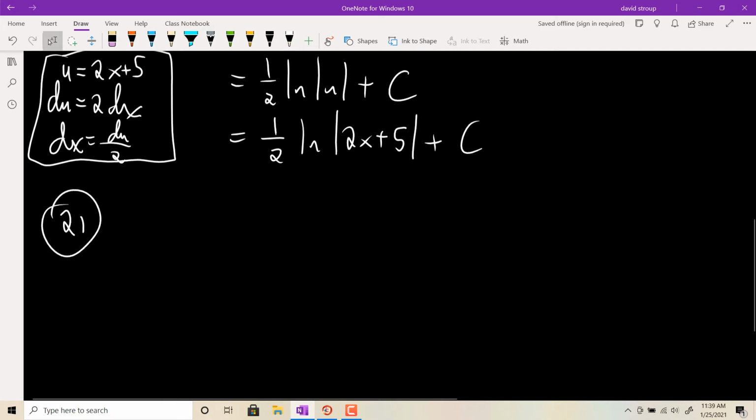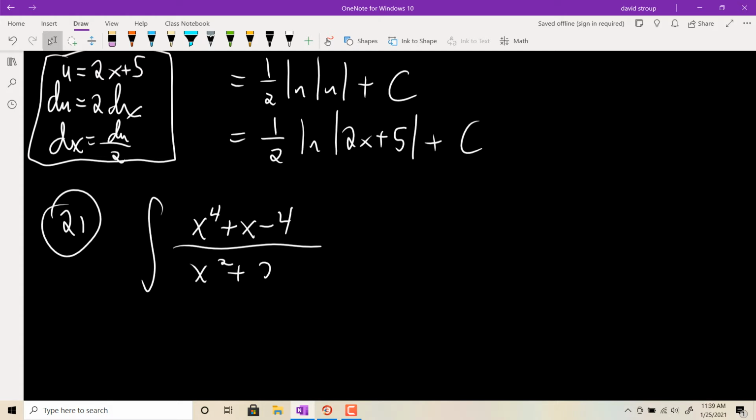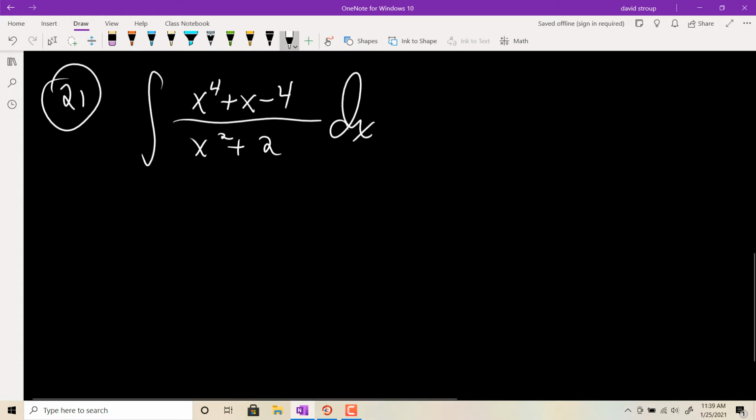So there are substitutions. There were long division problems. So here's one that's a long division, over x squared plus 2 dx. You have to know how to do long division. When I do this kind of long division, I like to use placeholders. You may or may not like to use placeholders. So what's a placeholder? It's just when you don't have that particular degree term. The divisor should go x squared plus something x to the first power plus 2.